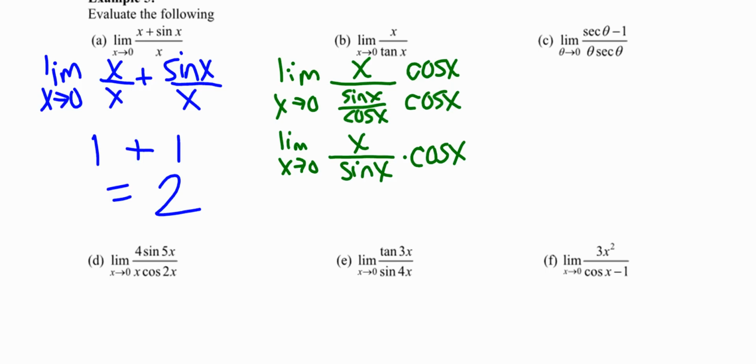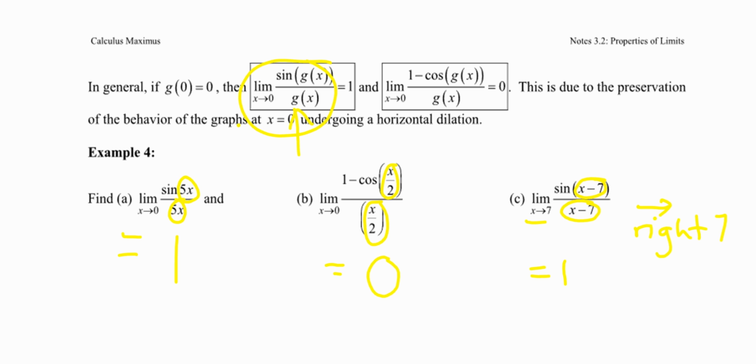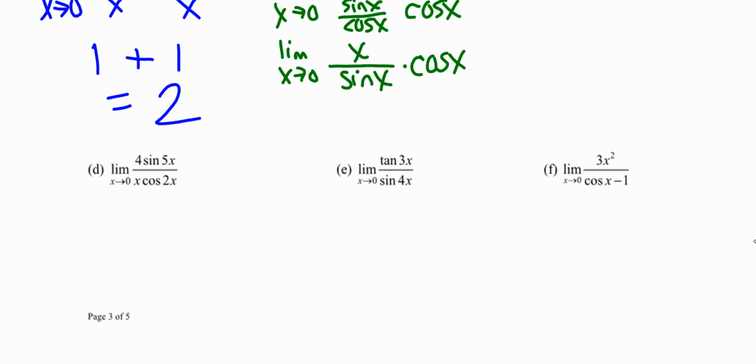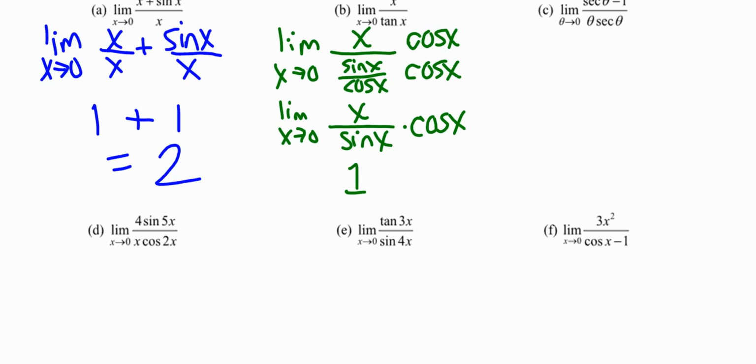Now I can do this limit because I know the limit as x approaches 0 of x over sine of x, which is in a very similar form of this one, they're going to have the same limit value. That's going to be 1. But now what's the cosine of 0? And you should know that as 1. So this limit equals 1.